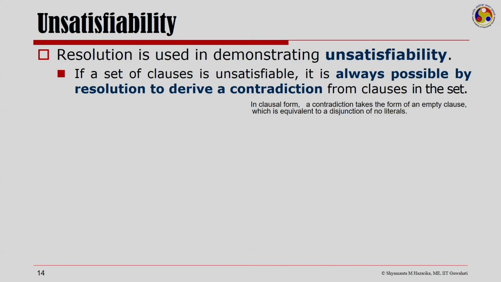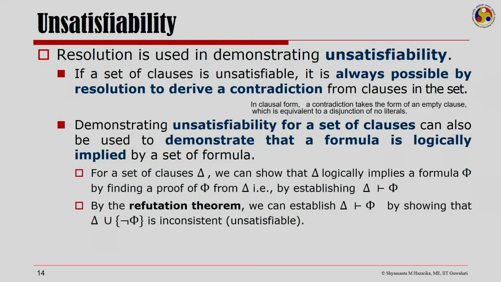In clausal form, a contradiction takes the form of an empty clause, which is actually a disjunction of no literals. So, whenever we arrive at an empty clause in resolution, we arrive at a contradiction.